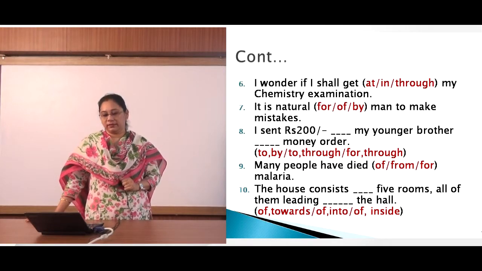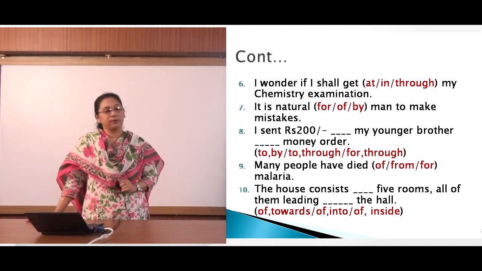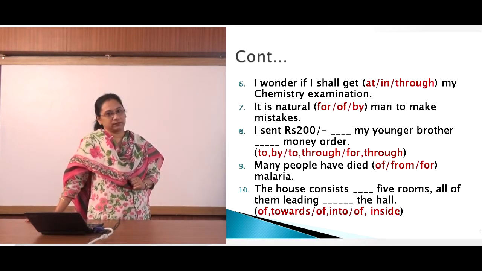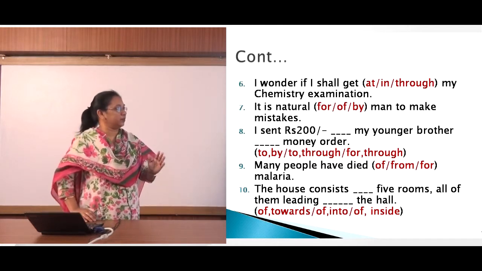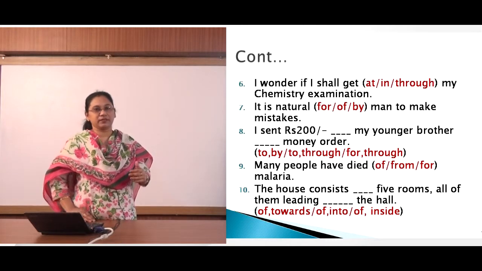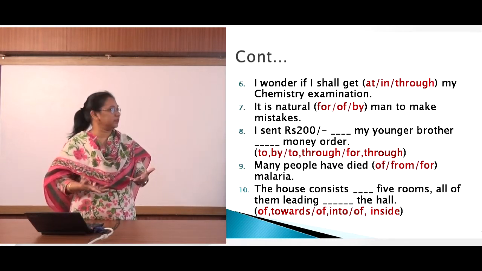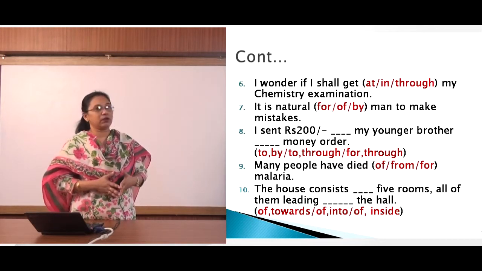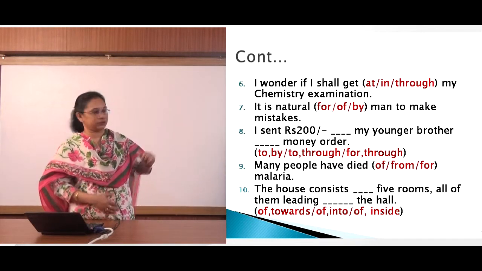Our eighth sentence is, I sent 200 rupees dash my younger brother dash money order, which means that the money was sent and there is a method by which the money was sent. So which of the options would you like to use?